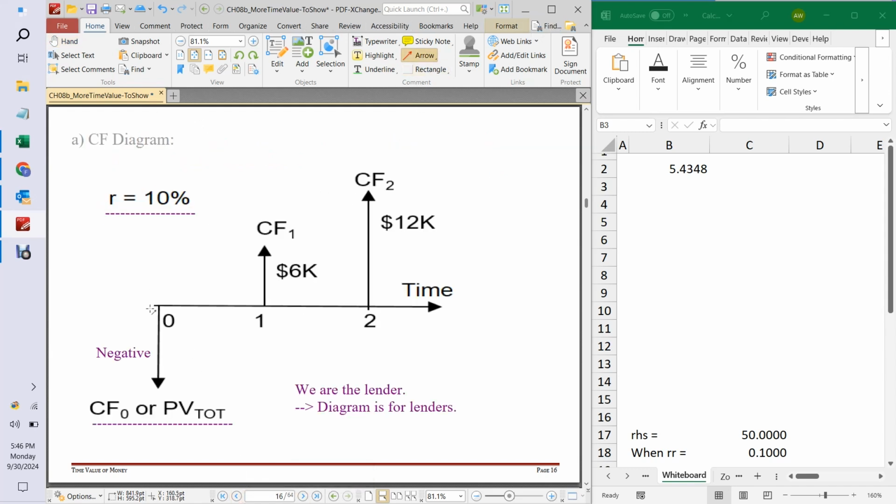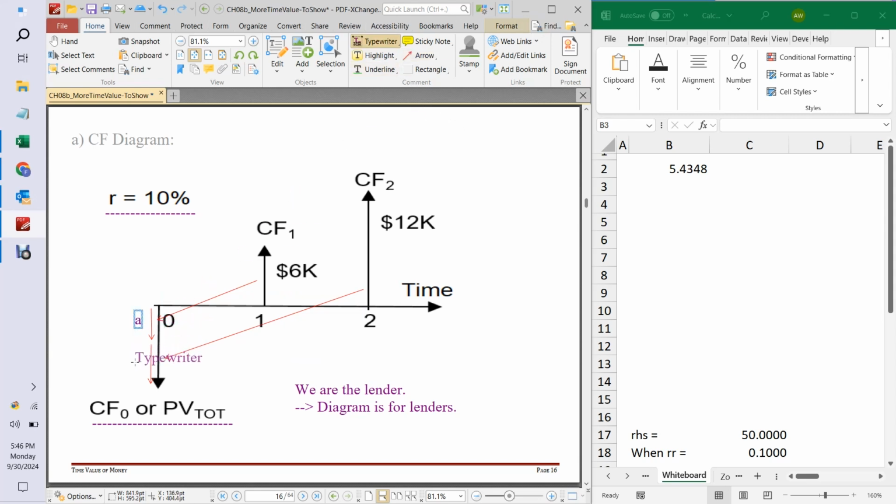I'm going to draw this in again here, pretty much like we did before. It's going to be the present value of the first one, and here is the present value of the second one.